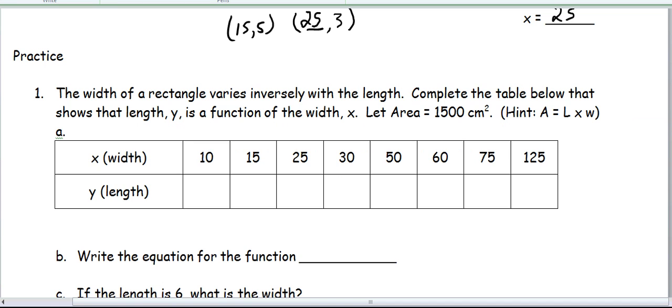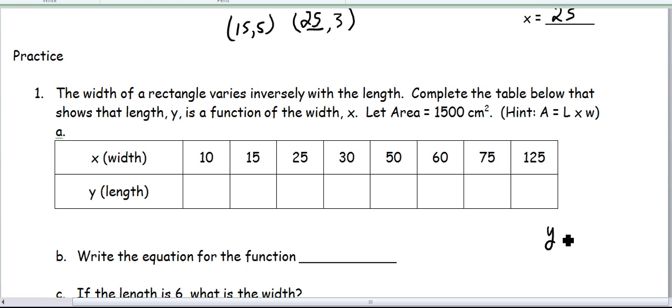All right. The width of a rectangle varies inversely with the length. Complete the table below that shows that the length y is a function of the width x. Let the area equal 1,500 square centimeters. We're going to say x is for the width and y is for the length.